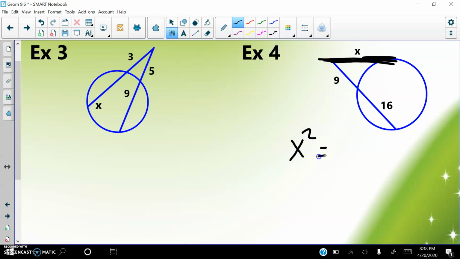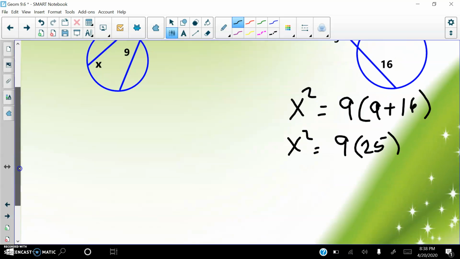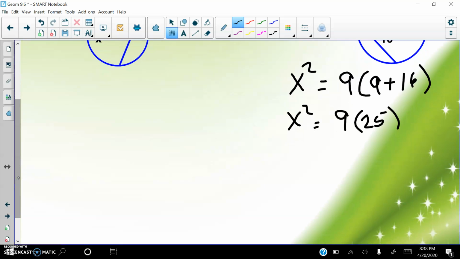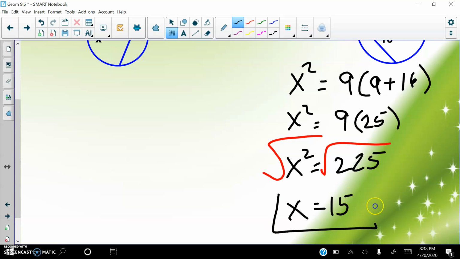So x squared is equal to 9 times 9 plus 16. So I get x squared is equal to 9 times 25. 9 times 25 is 225. X squared equals 225. How do I get rid of a square? Square root, of course. And 225 is actually a perfect square. X is 15.